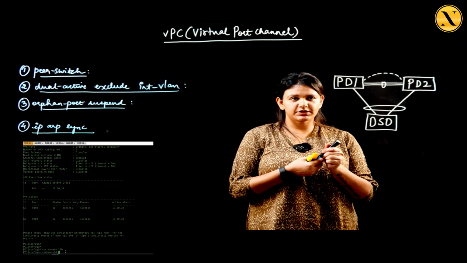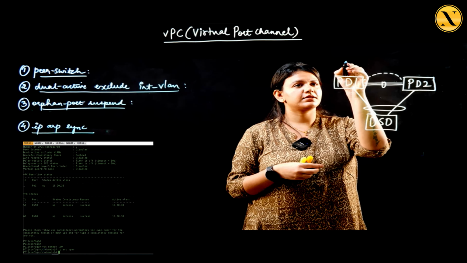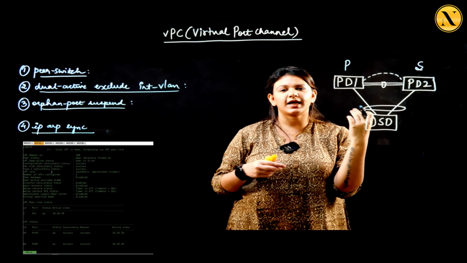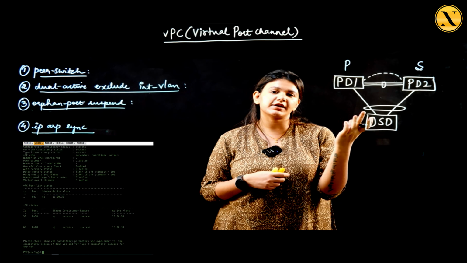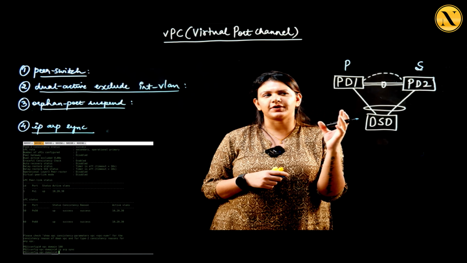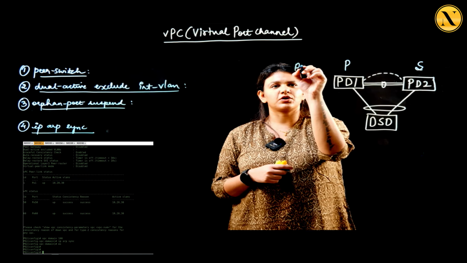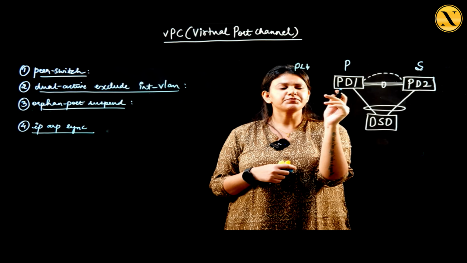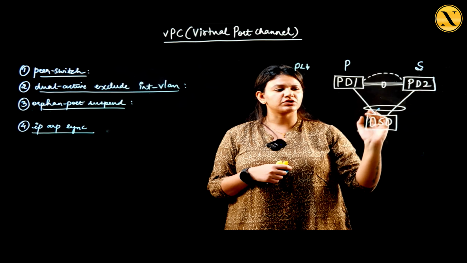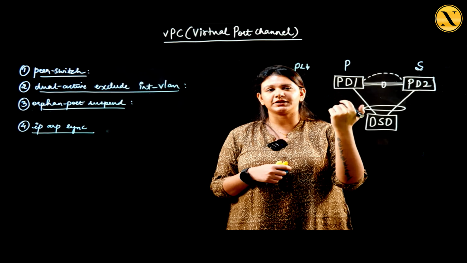Okay, so let us assume that this is primary, this is secondary, and you can take any failure scenario, but a failure scenario where only one device is active and is handling traffic. It could be a scenario where your peer link has failed. If your peer link has failed, you know that on the secondary device there is a suspension, so now all your traffic is only handled by the primary.